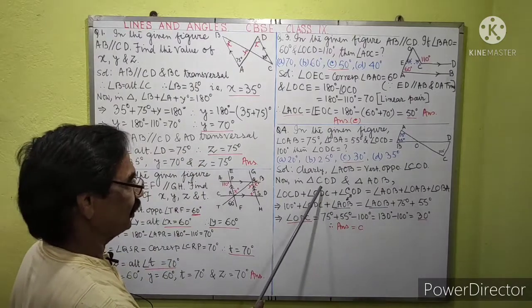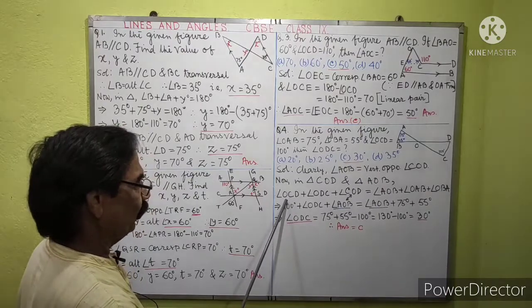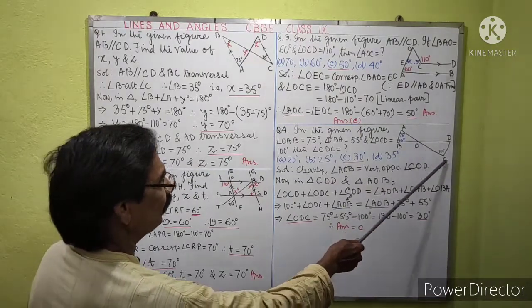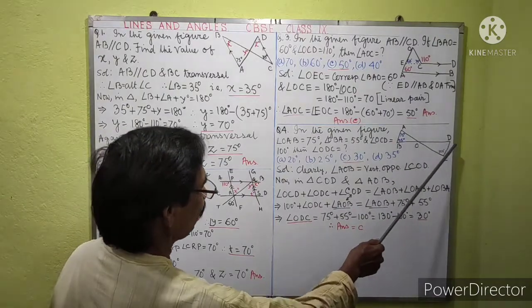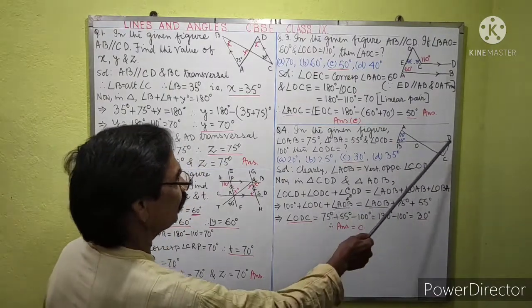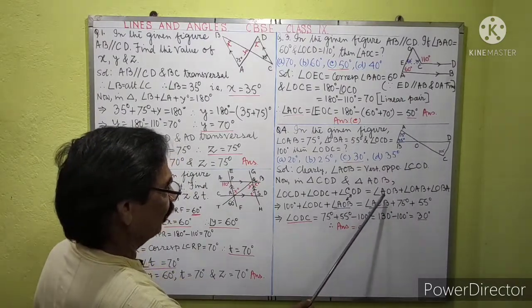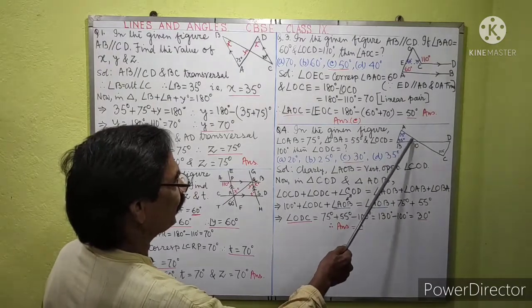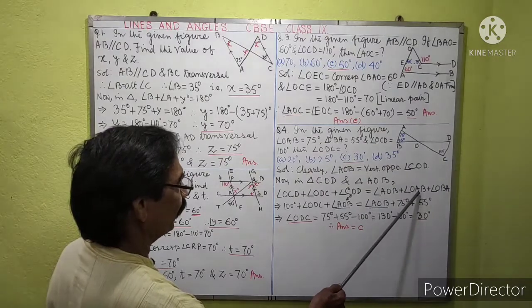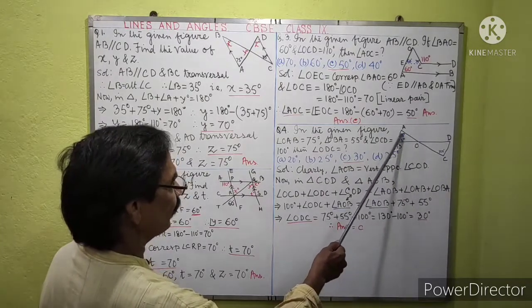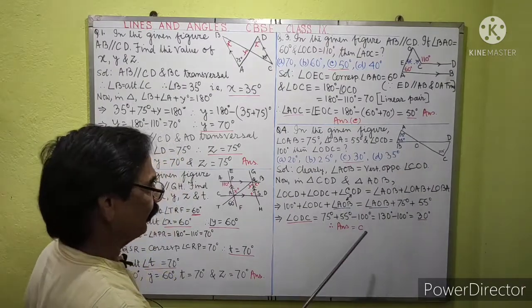Now in triangle, angle OCD plus angle ODC plus angle COD, this is vertically opposite angle, equal to angle AOB, plus OAB, this is 75 degree, and OBA, which will be 55 degree.